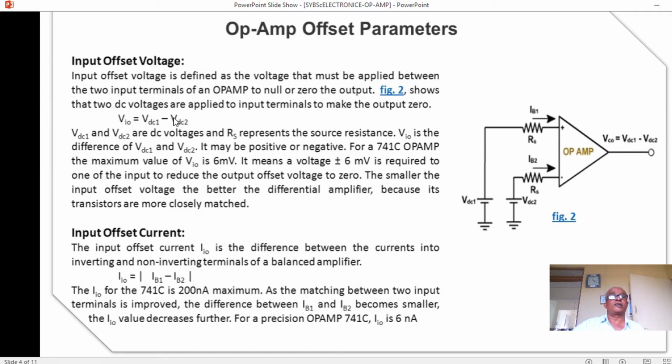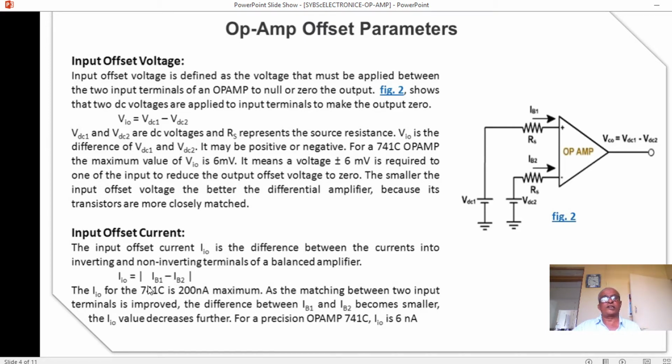So this difference is the input offset voltage. This input offset voltage is selected so that we get output 0. Then it is called offset null voltage. When such voltages are connected in the diagram, then whatever currents we denote as IB1 and IB2, we take the difference between these two currents.